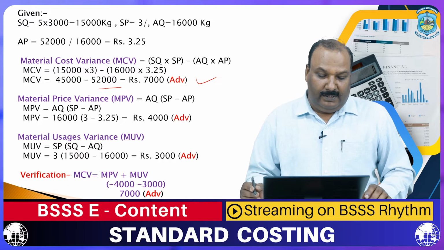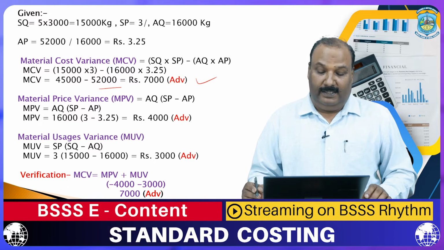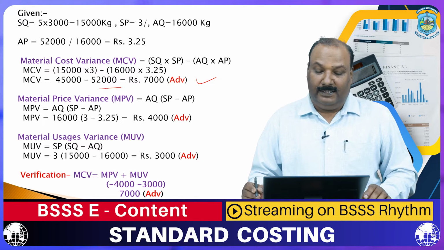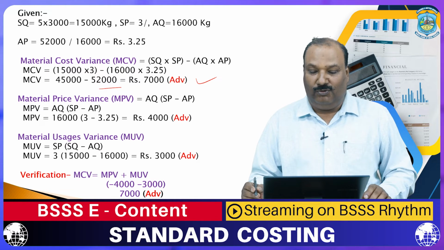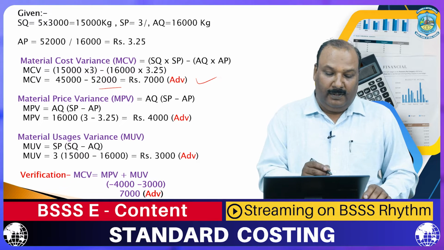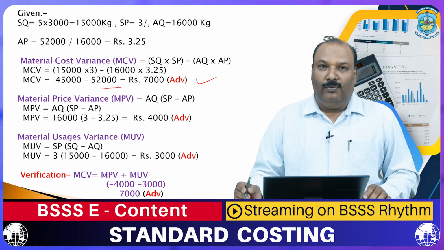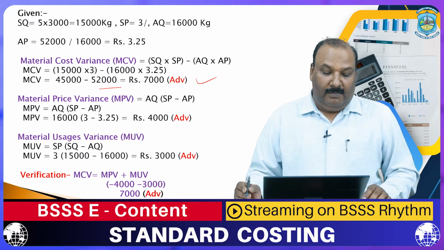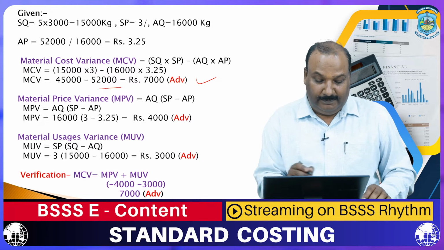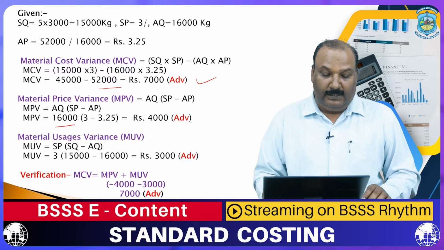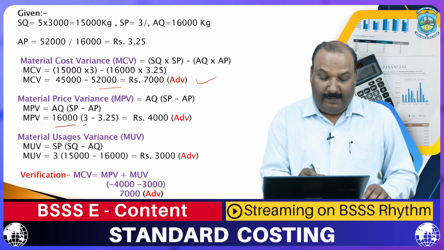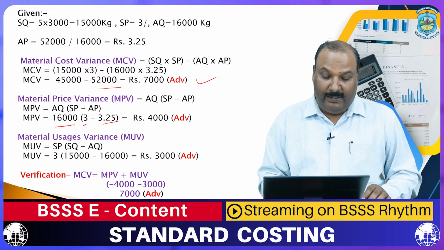If we calculate material price variance, the formula is actual quantity multiplied by the difference between standard price and actual price. We will put the values in the formula. Material price variance: the actual quantity is 16,000, standard price is 3 rupees, actual price is 3.25 rupees.